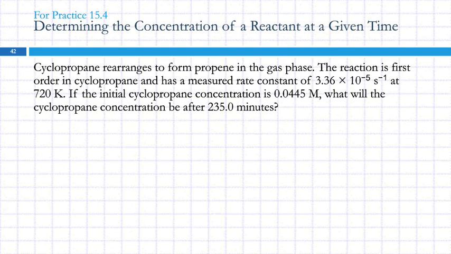Okay, so there's a lot of words in there, and there's a fair number of numbers too. One of the important things to pick out is first order, okay? It's first order. So then we know what the integrated rate law is.